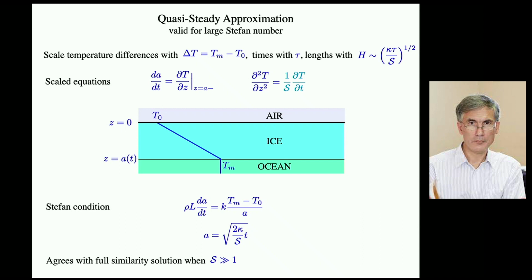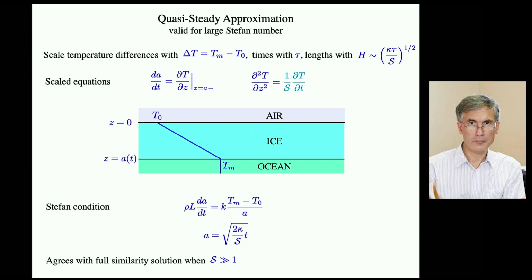Okay, I want to introduce you to a very important approximation that we will make a lot of use of, just to keep things straightforward. Let's go back to our equations, and I'll scale temperature difference with this obvious temperature scale, so nothing's changed there. I'll scale times with some time scale tau, and I'll scale lengths not with root kappa tau, but with root kappa tau over s.